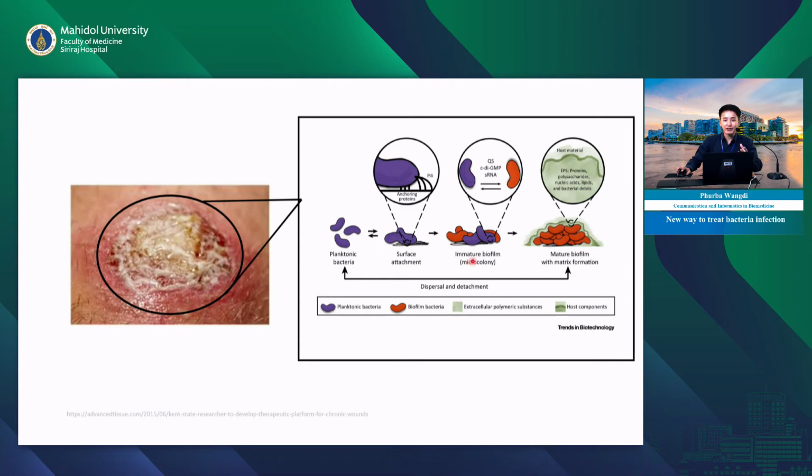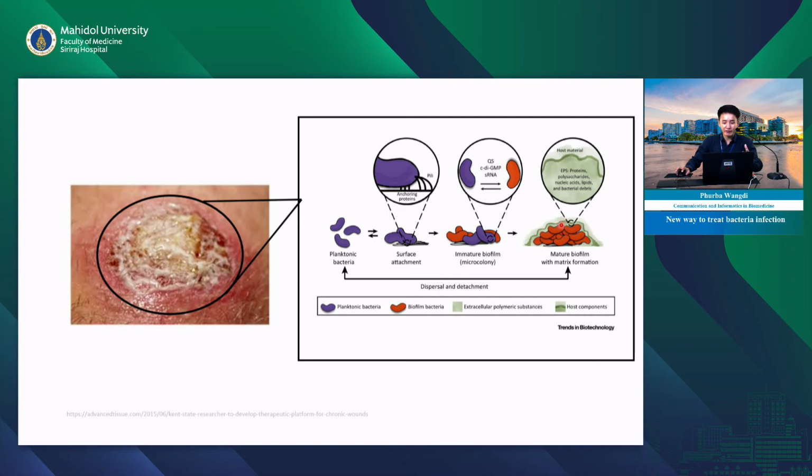And the bacteria have different kinds of coordination mechanisms among themselves to develop into a full mature biofilm. The most important feature of this full mature biofilm is a very strong outermost protective layer, which is called the matrix.